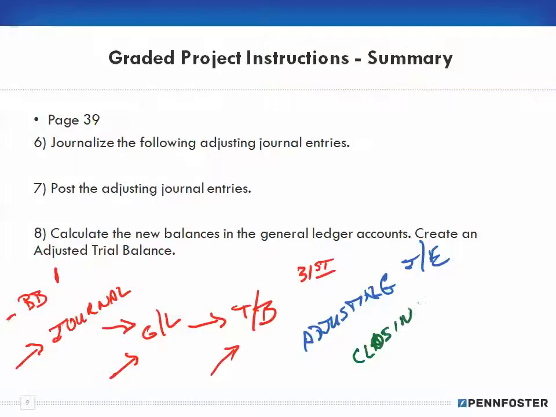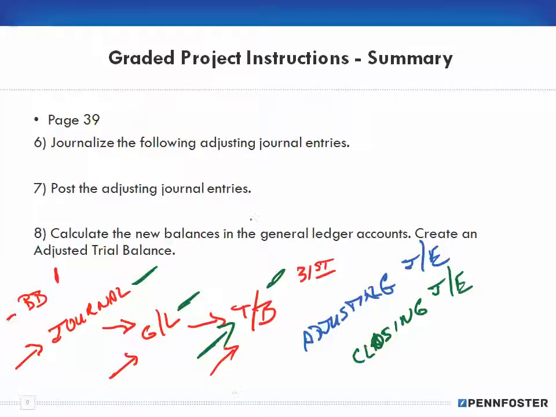We're going to make the journal entries, post them into the ledger accounts, and then create a trial balance. And depending upon where we're at in the process, we're going to name our trial balance differently.